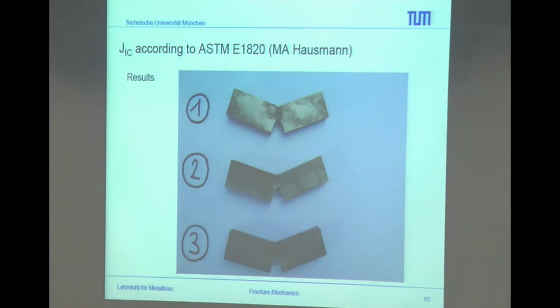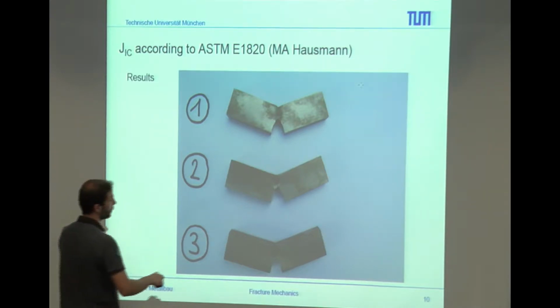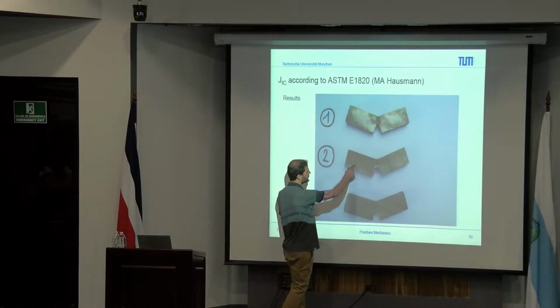So how does a specimen like this look? For example, in the case of our historical steels, we had here specimen 3, 2, and 1.